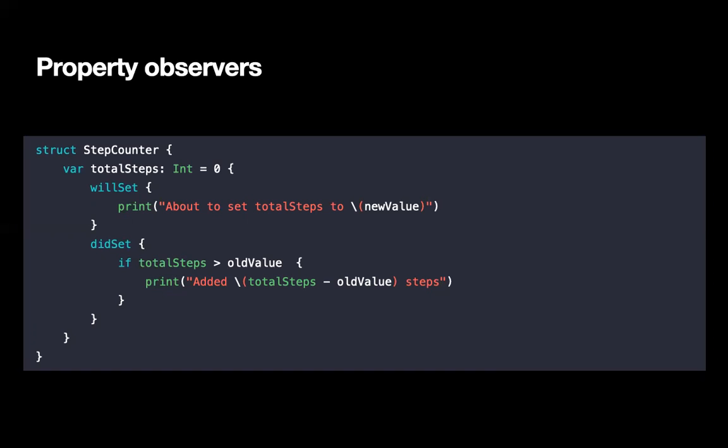Whenever totalSteps is modified, willSet will be called first, and you will have access to the new value that will be set to the property in a constant named newValue. After the property's value has been updated, didSet will be called, and you can access the previous property value using oldValue. So this is the use of willSet and didSet.